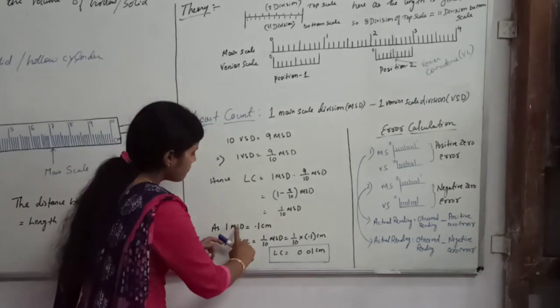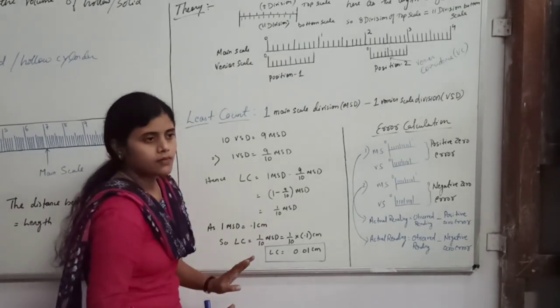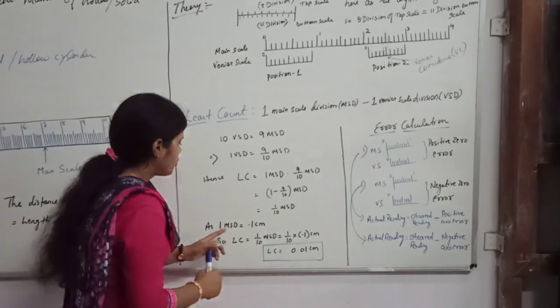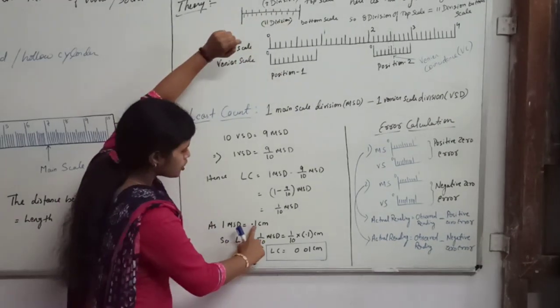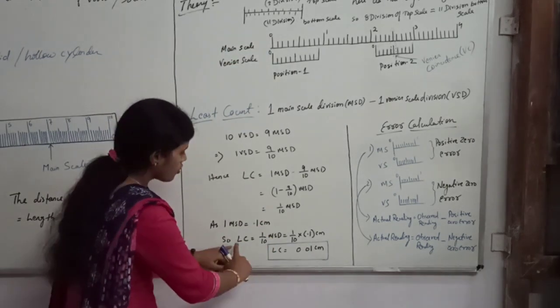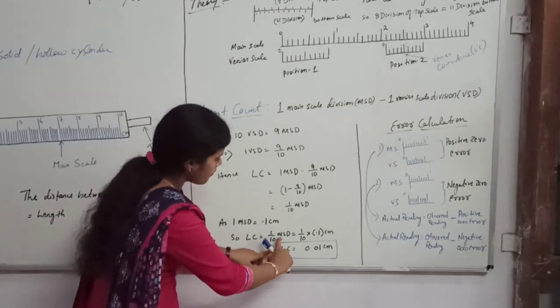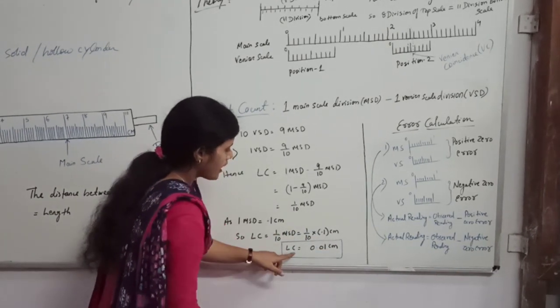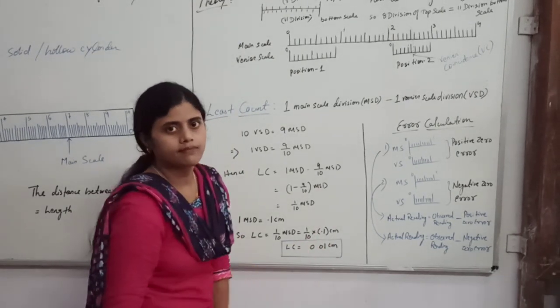Means one main scale division is equal to 0.1 centimeter, because your main scale is very similar to your normal scale. So least count is equal to 1 by 10 MSD. So in place of 1 MSD, I will write 1 by 10 into 0.1 centimeter, and final answer will be 0.01 centimeter. This is the least count.